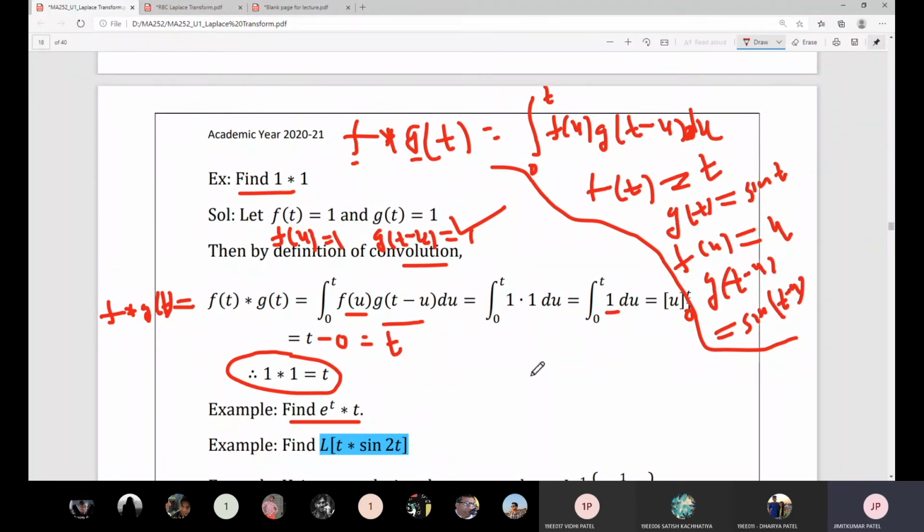In convolution, the selection of f and g is very important. So think critically, because there is a major role of g of t minus u. If you select g of t minus u in the wrong way, then your example will be lengthy.